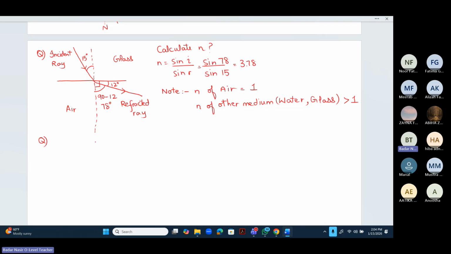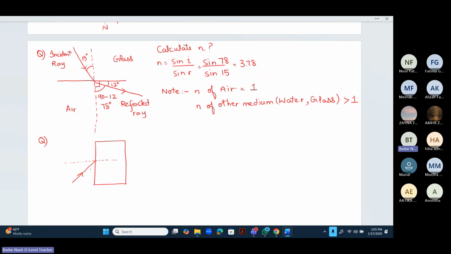So let's say we have a glass block. It's a rectangular glass block and the ray of light is incident at this point. Let's say we have a normal. So this is a normal line.